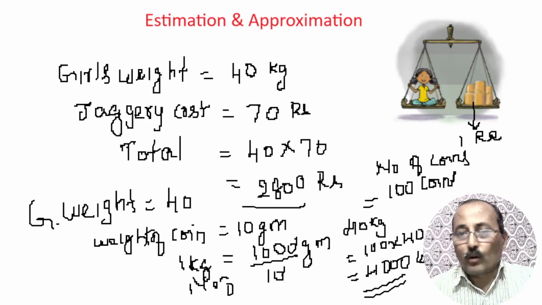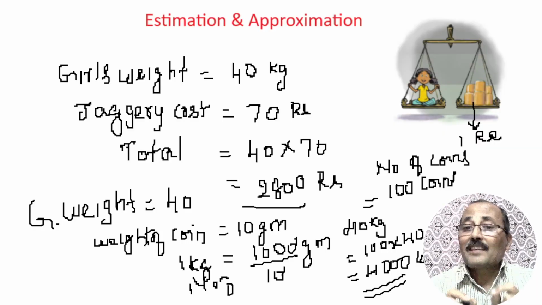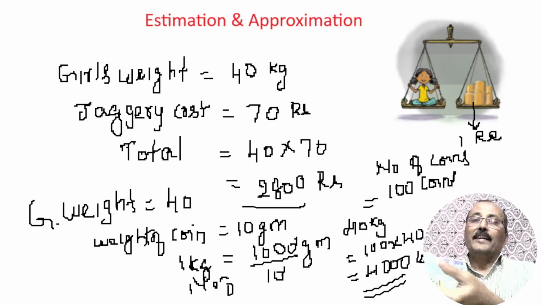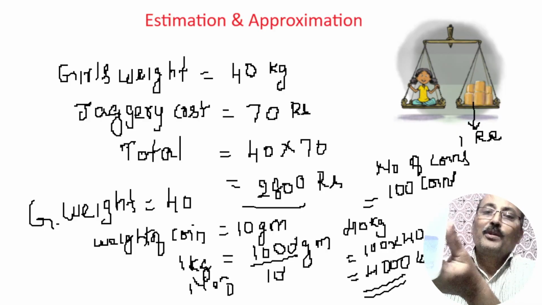Let me wait 1 minute. I'll find out the weight of the coin. I am having a balance. Let me show you how much the weight will be exactly for a 1 rupee coin. My dear children, this is the weighing scale. I hope you can see the number.